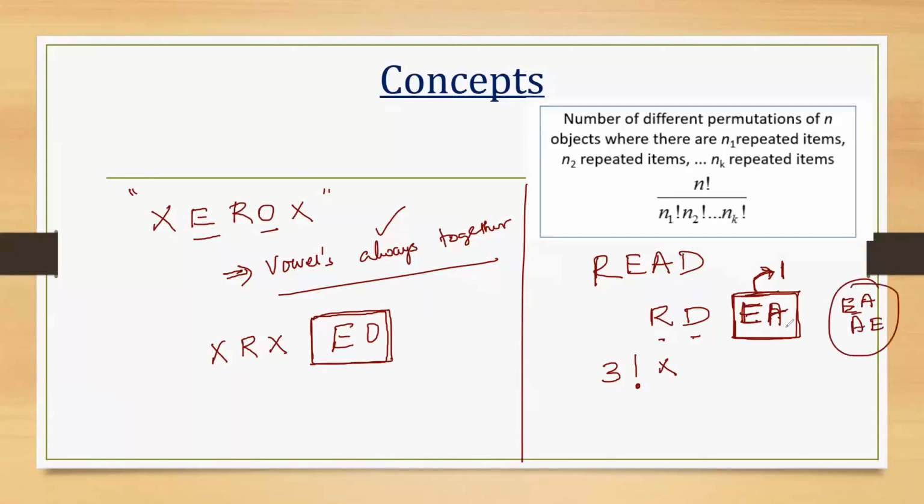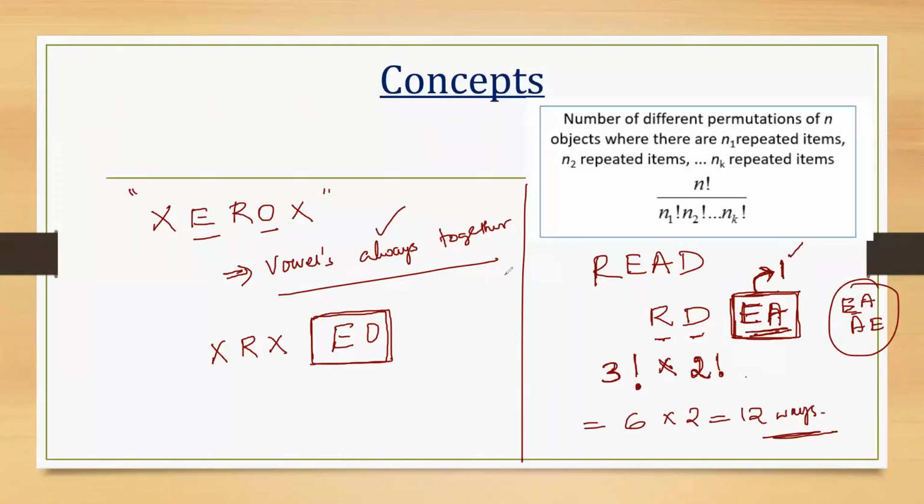So we have 2 ways. To arrange 2 letters, we have 2 factorial. Is it clear? So take the vowels inside the box and consider them as a single person. Total 3 persons, so 3 factorial. And inside the box we have 2 letters, so 2 factorial. The answer is 6 into 2, 12 ways.